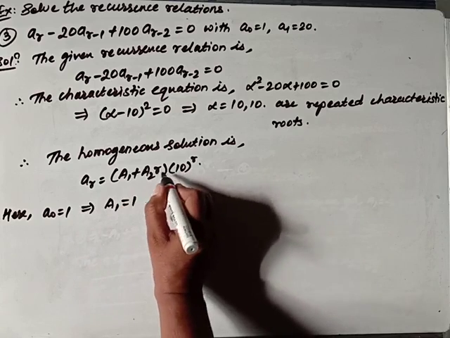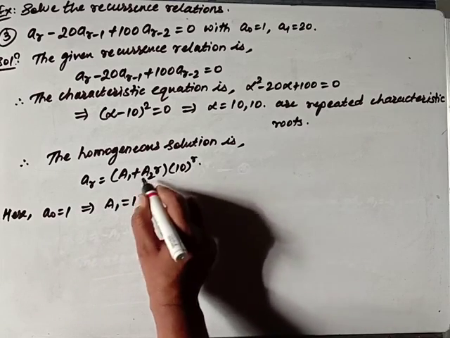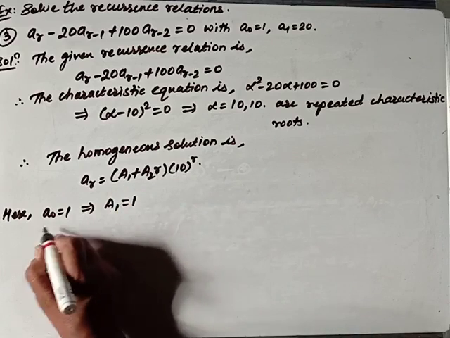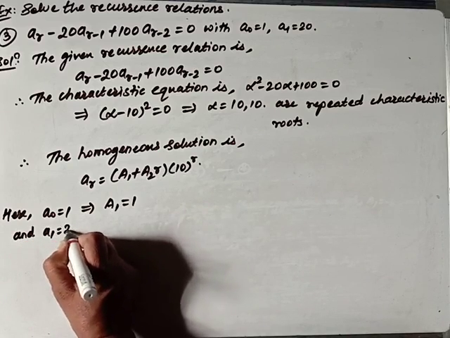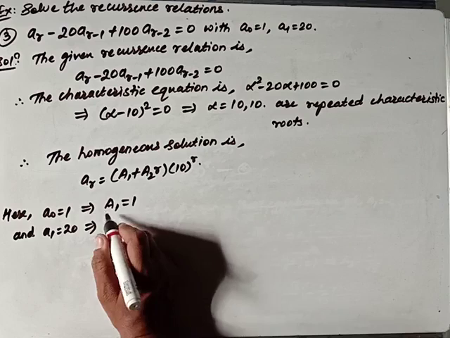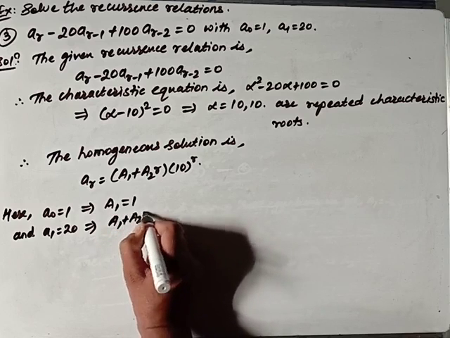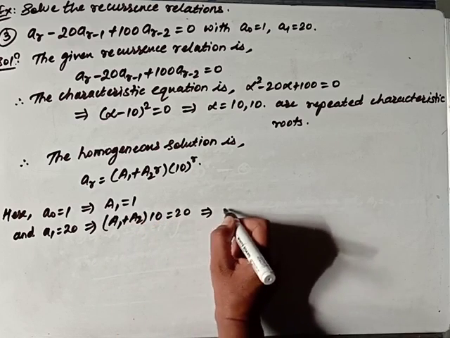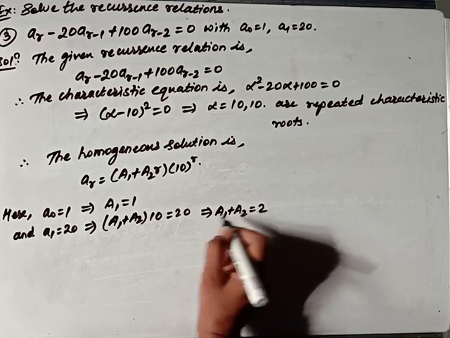You can check it. Here r is 0, so the A2 part will become 0, and 10 raised to 0 will be 1. Fine. And a_1 is equal to 20, so that gives A1 plus A2 into 10 equals 20. So that is A1 plus A2 equals 2.